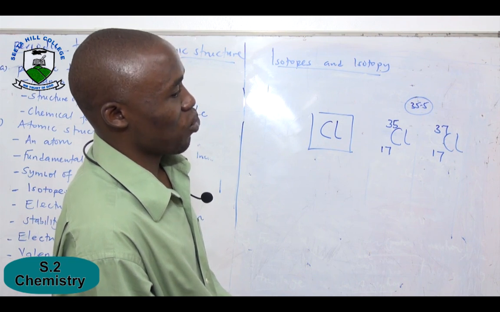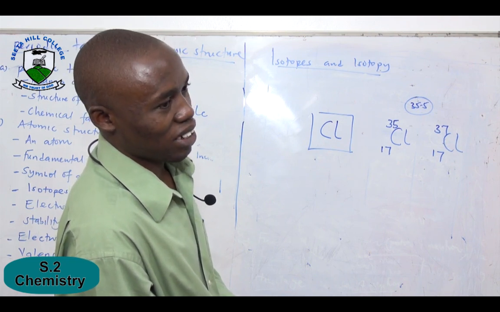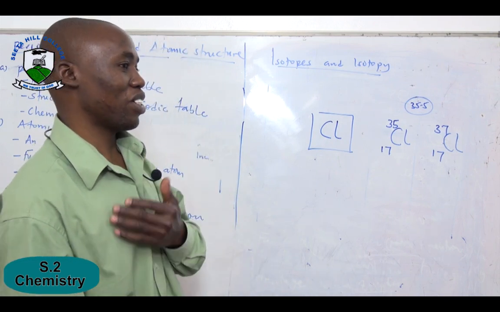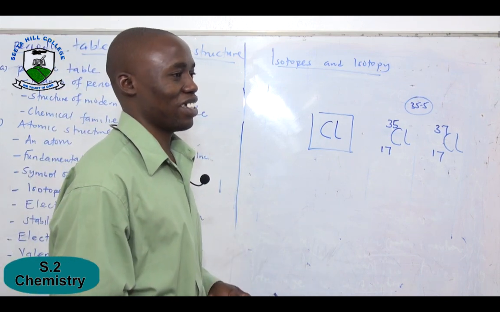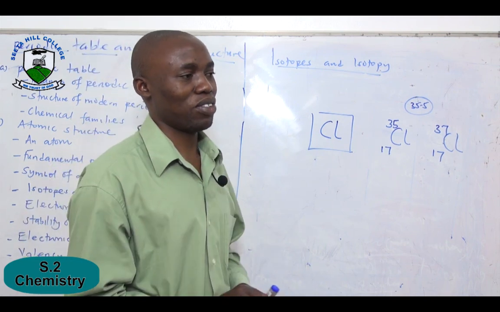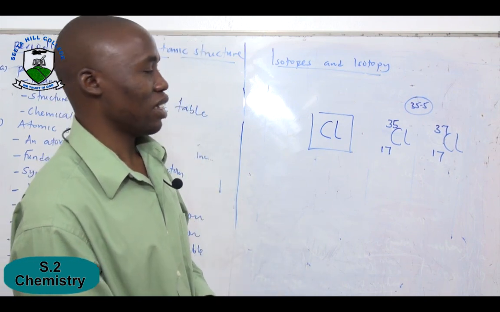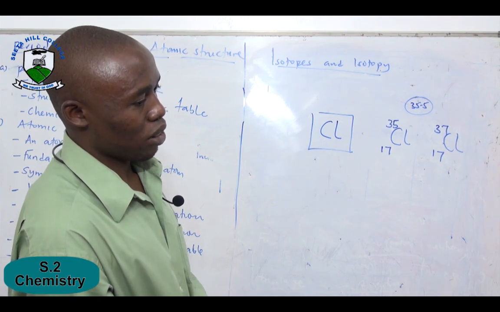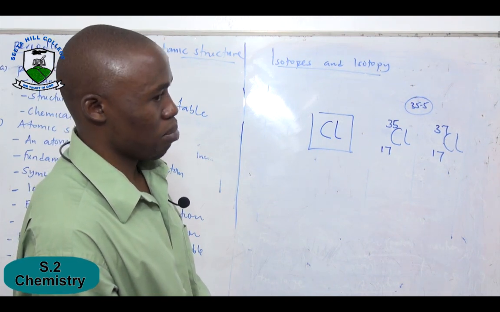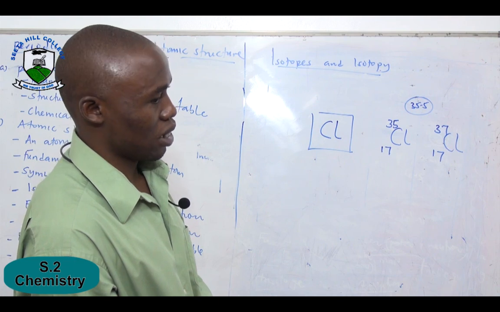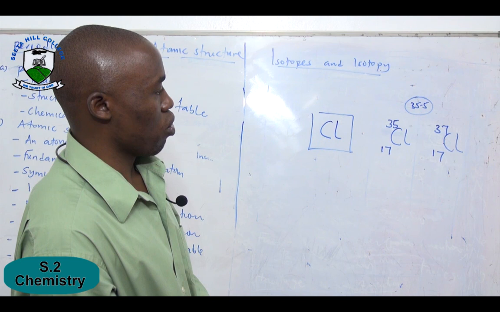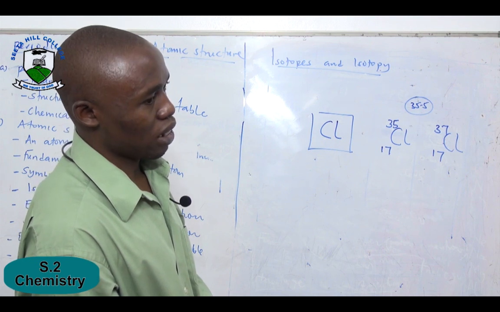Can you find out what brings in the difference? Which other particle is bringing in a difference there? The neutron. Isotopy is the existence of atoms of the same element with the same atomic number but different mass numbers, which is due to the difference in the number of neutrons. Clear?